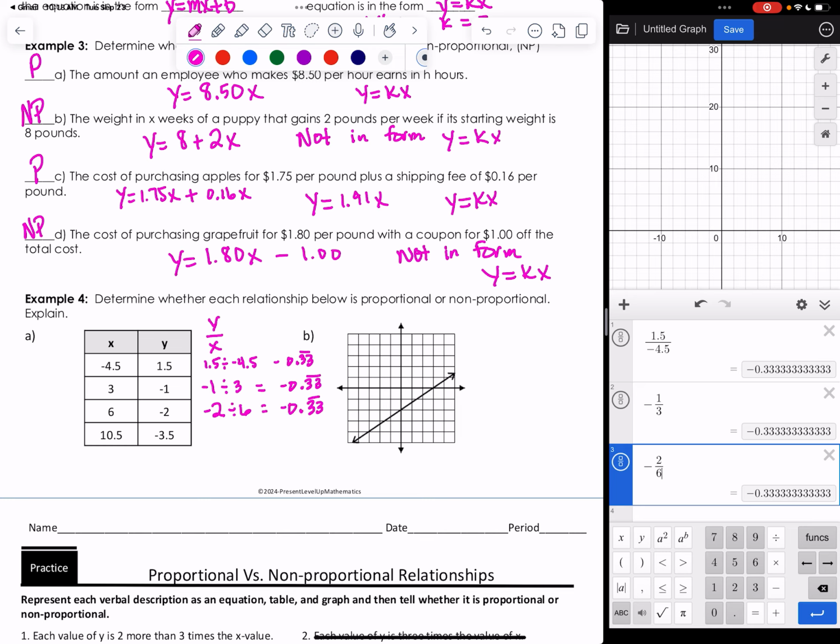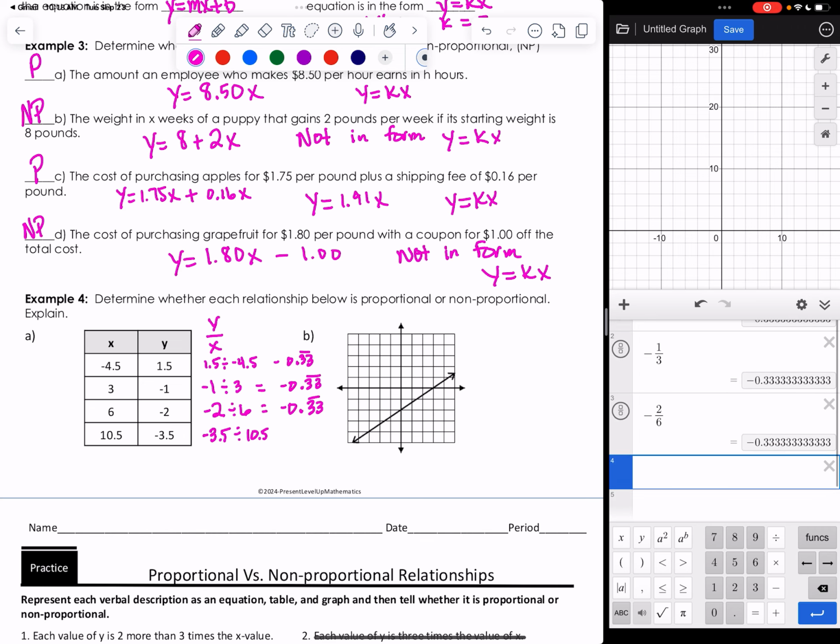All right, so far we have a constant ratio of y to x, but let's check the last one to make sure. Negative 3.5 divided by 10.5. We want to make sure they're not trying to trick us. So negative 3.5 divided by 10.5. And sure enough, the ratio of y to x was constant.